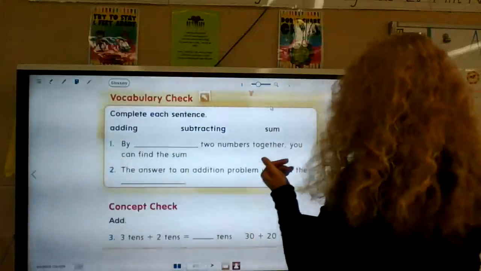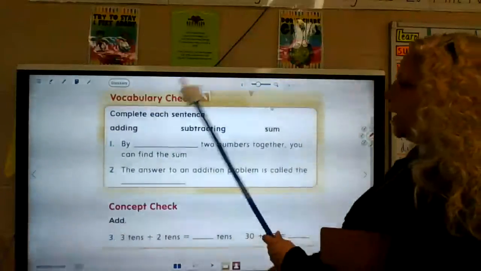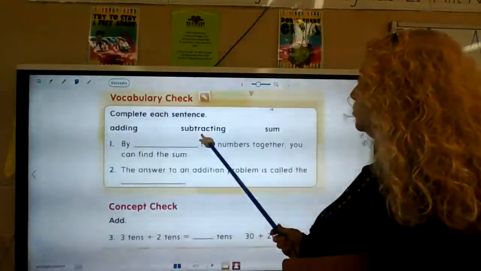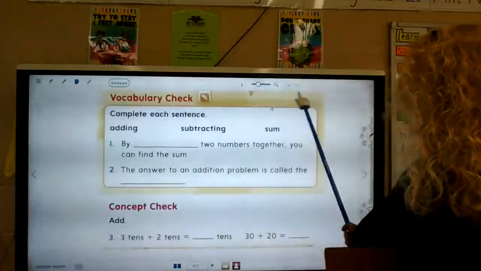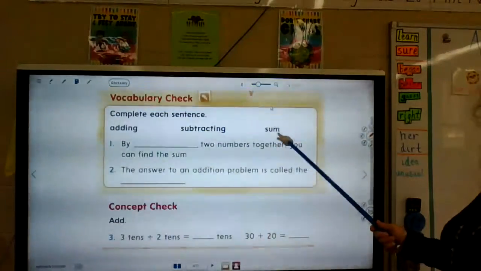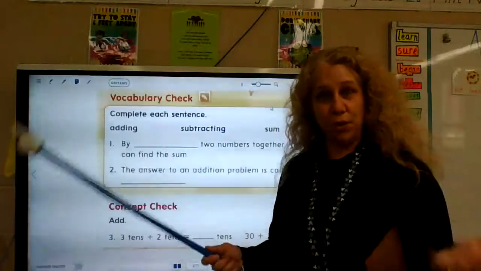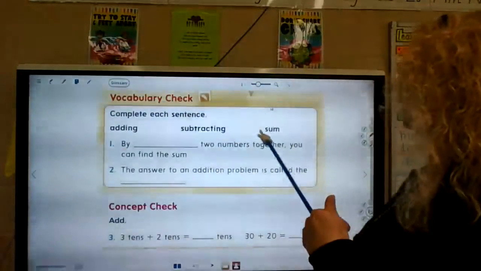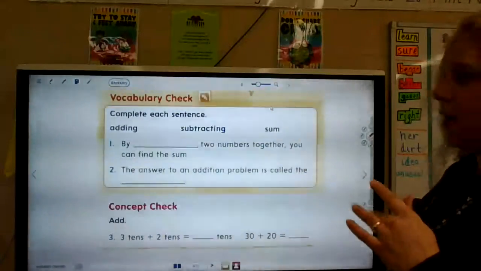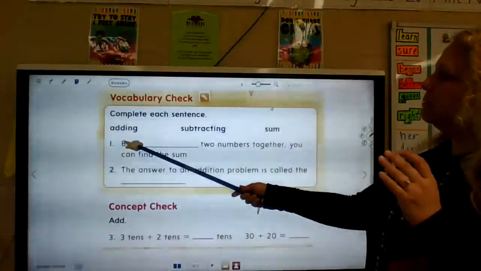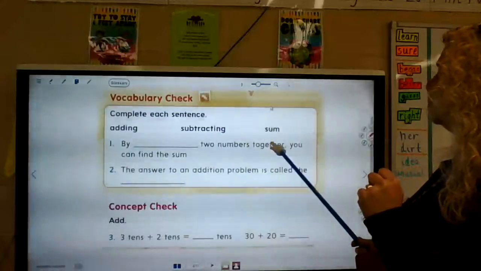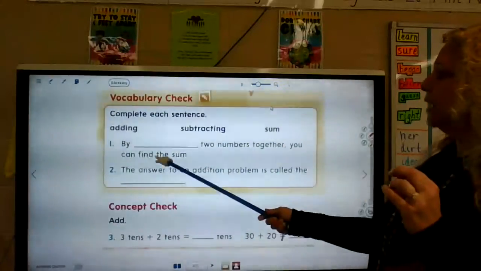The words are adding, subtracting, and sum. And that's not like S-O-M-E some, like some of you. It's the math sum, S-U-M.